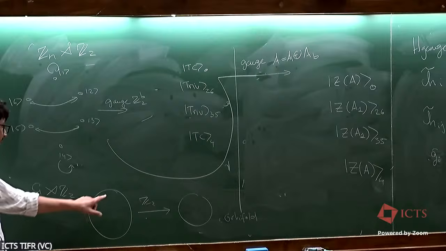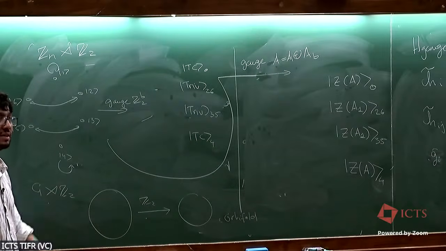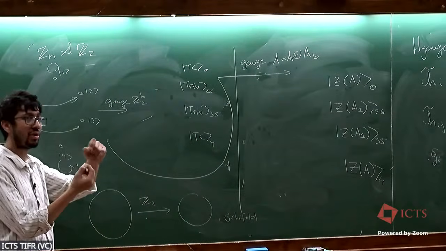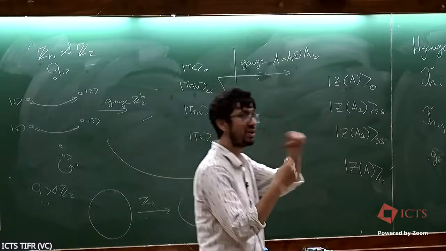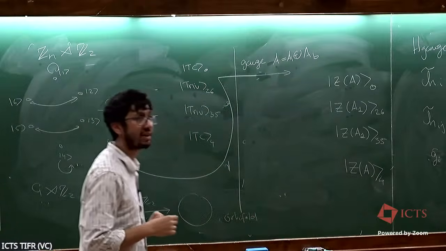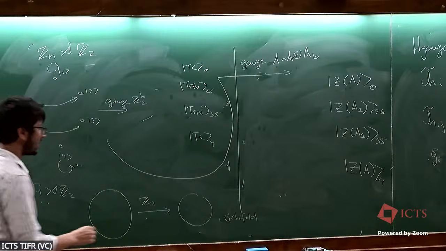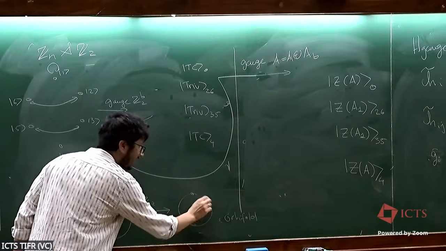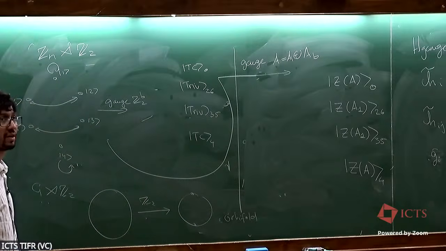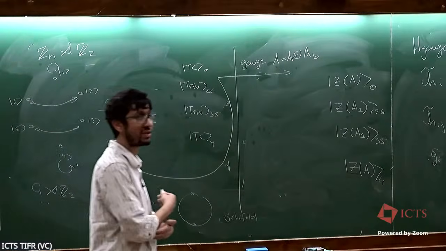You get some orbifold space, and there might be some fixed points, like 0 and pi in this case. Those fixed points seem to look different from the points that are mapped into each other from the perspective of this gauging. So there should be some distinction between these points and the rest of this manifold of ground states.